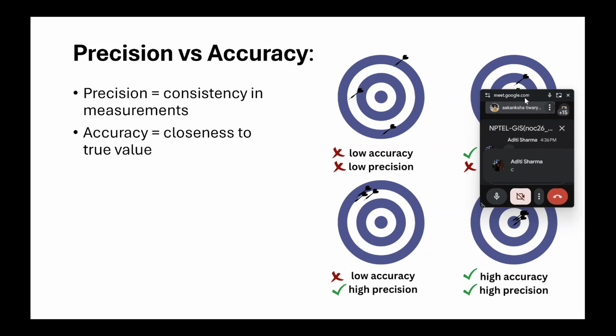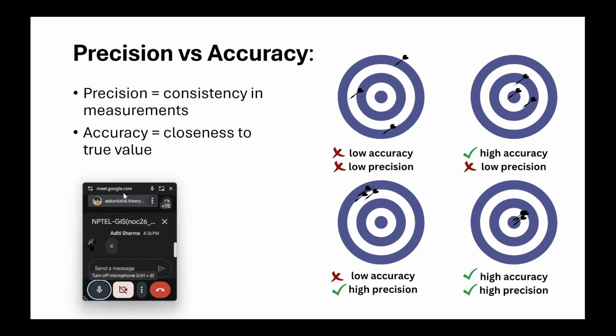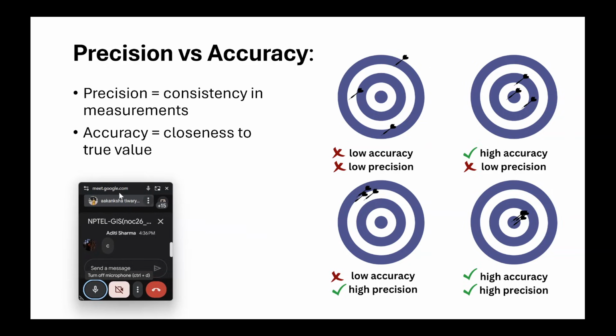If you want to understand what precision is and what accuracy is, you can think of this. Suppose this is the true value. As you go to this center point, you are getting close to the true value. Here, all three dots are scattered.